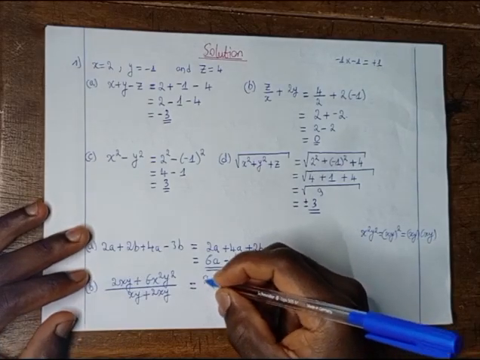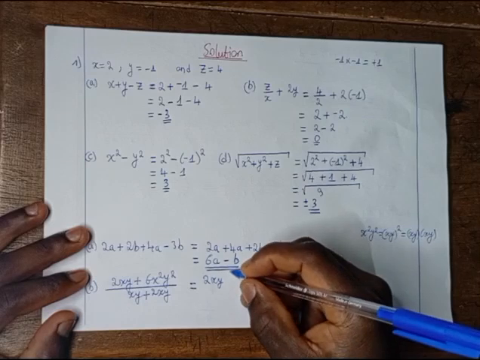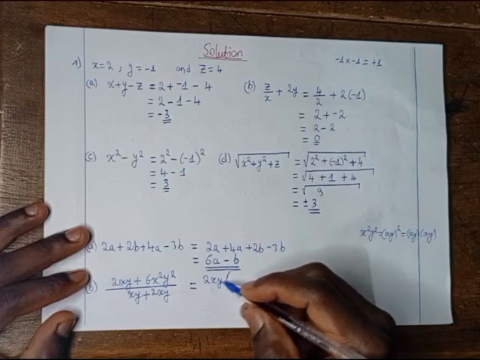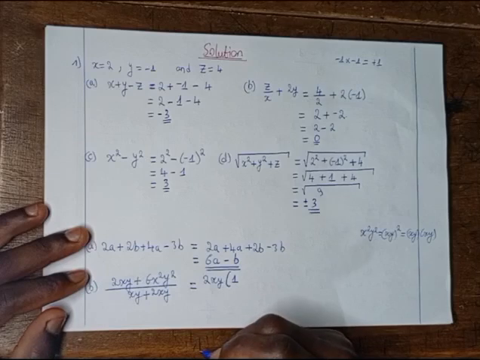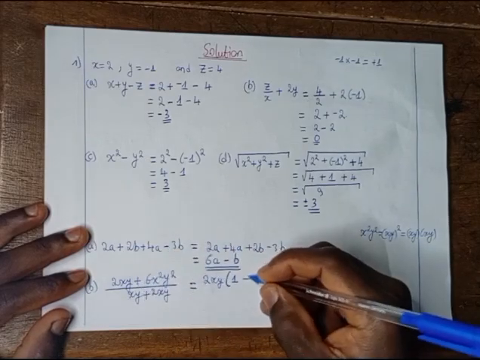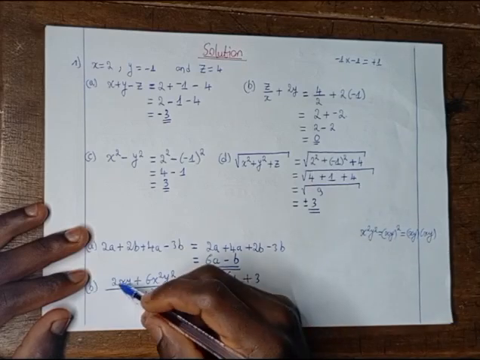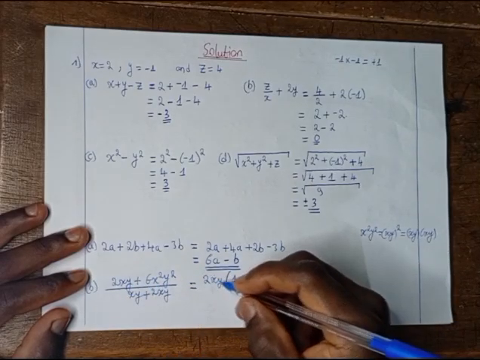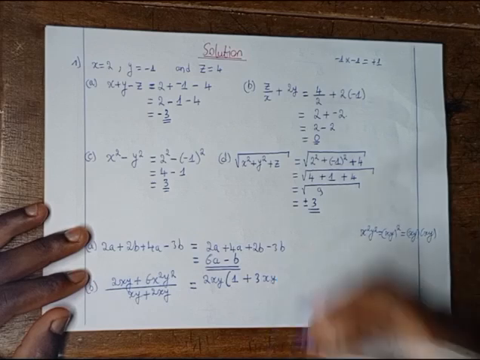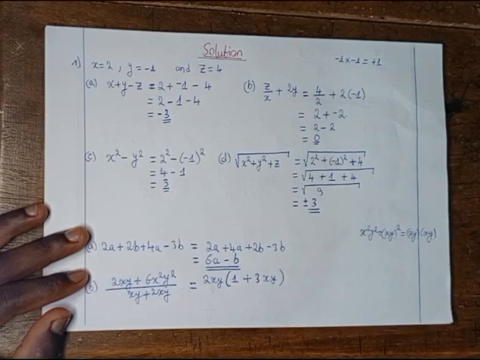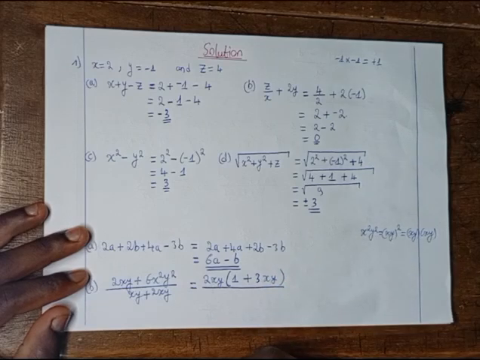We are going to factor out 2xy times, we know 2xy times 1 remains 2xy, plus 2 times 3 will give us 6xy times xy will give us x squared y squared. We are done with the factorization at the numerator.